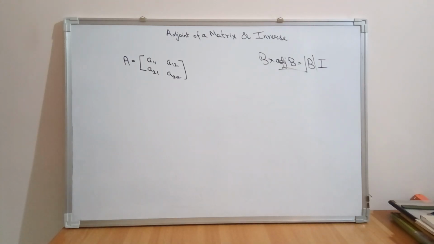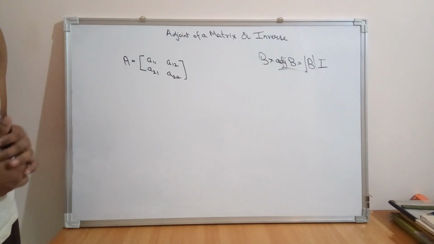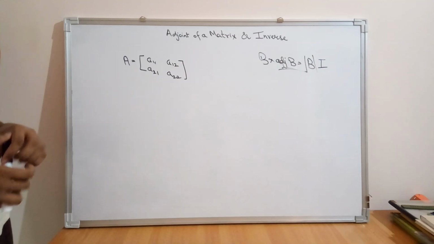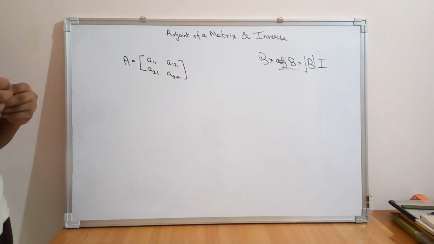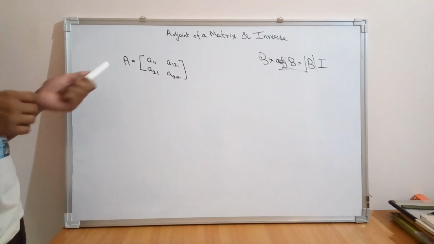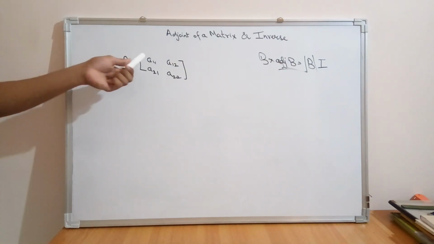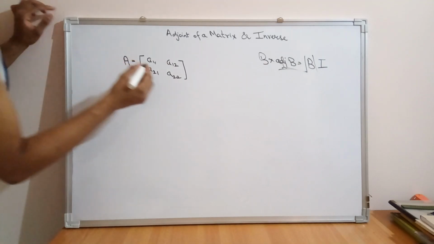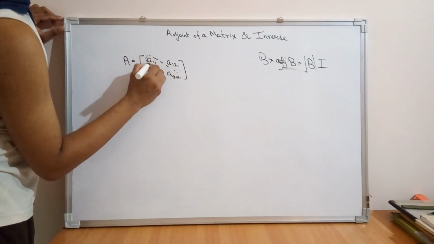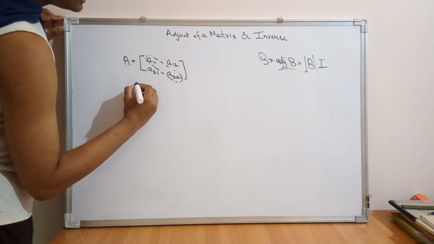Okay, we'll just take a general form of a 2 by 2 matrix here. So we are going to find the adjoint of that. There is a very short-cut method for finding the adjoint of this A. What is going to be the adjoint of this particular A? First of all, we need to interchange these two things. So the diagonal elements, we are going to consider the diagonal elements.